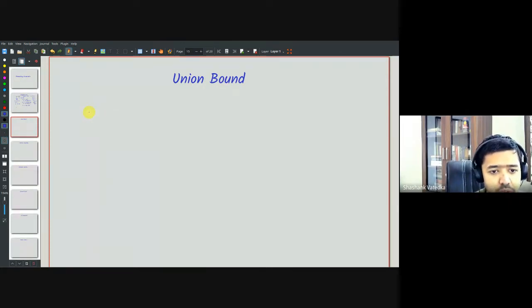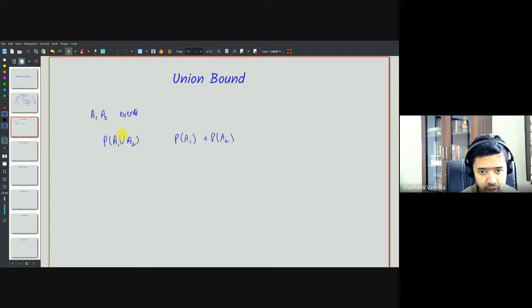If you have two events, A1 and A2, look at the probability of A1 union A2 and the probability of A1 plus the probability of A2. What can you say about this? Can you say that one is greater than or equal to the other, or less than or equal to the other, or that you can't say anything?